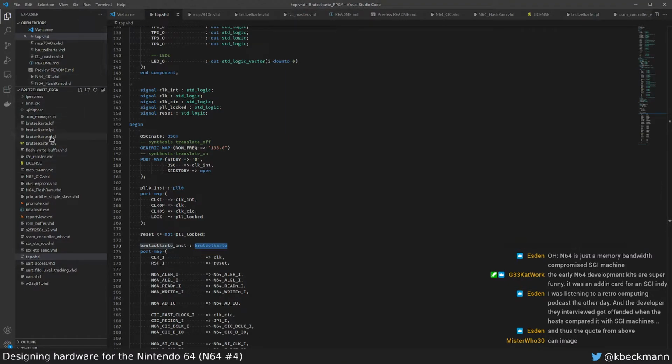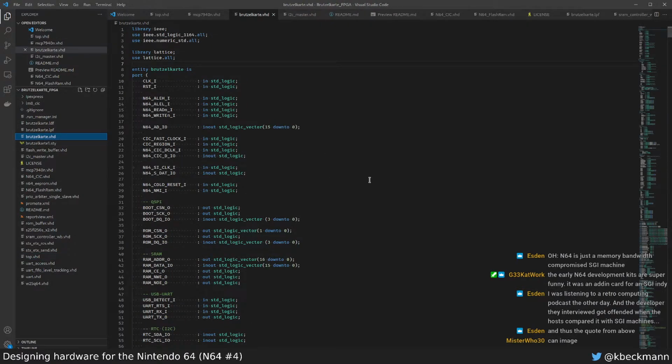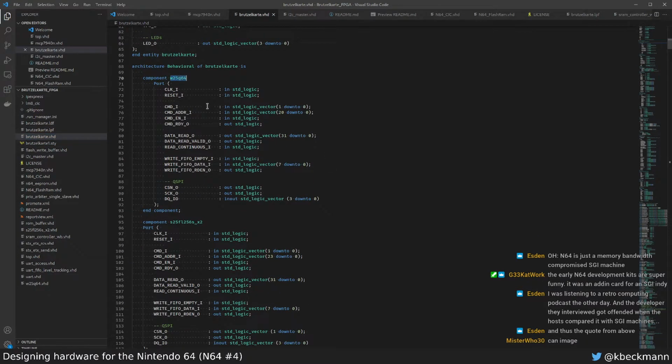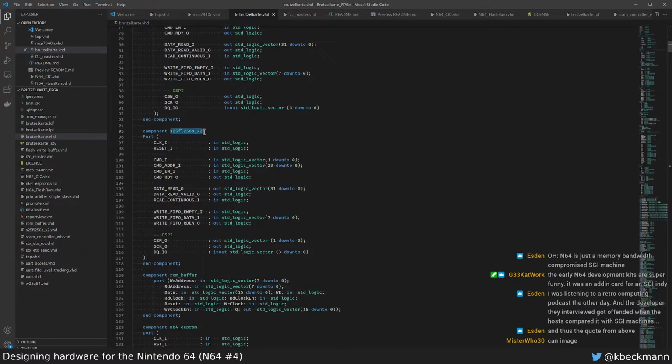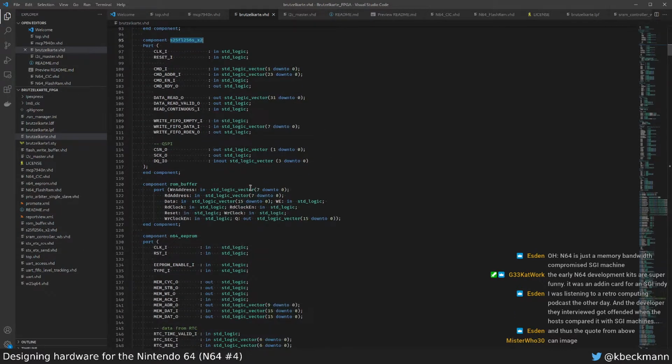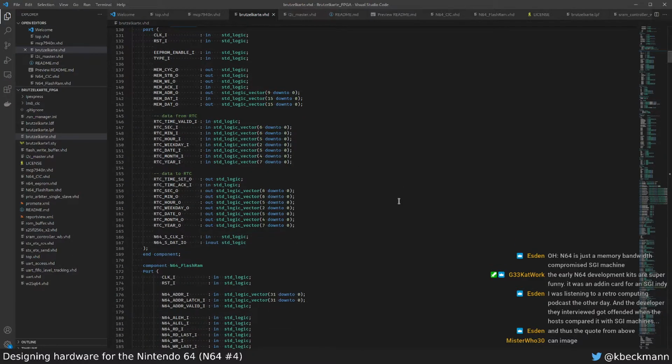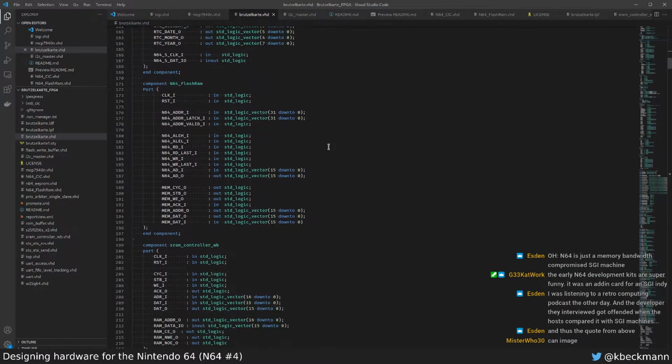So let's jump into the implementation. So I guess this is the flash. It's RAM, I think. And then some EEPROM. I guess this one is interesting. Yeah, that's this file.